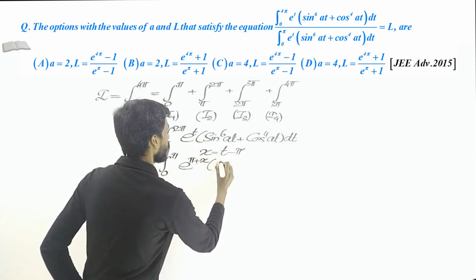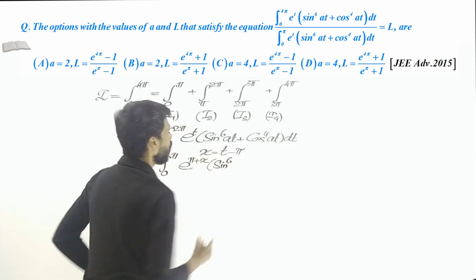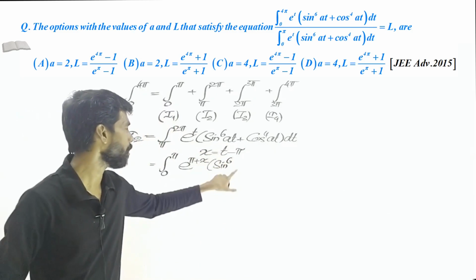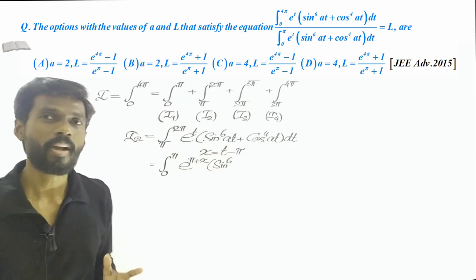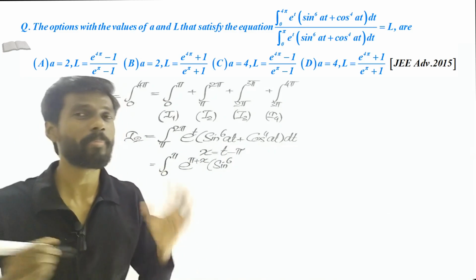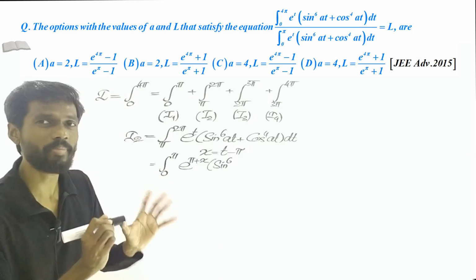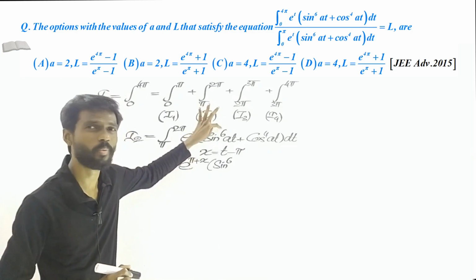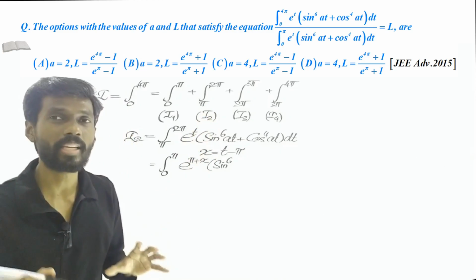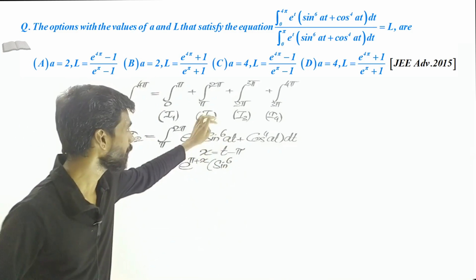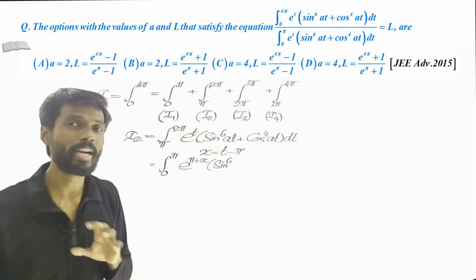And what about the sine to the power 6 term? It is sine to the power 6 of a times t, but t is pi plus x. But what is sine of pi plus x, or sine of 2 pi plus x, or sine of 3 pi plus whatever? That will give you the same value, because the power is even, so whichever quadrant it lies in, it doesn't matter. Sine of pi plus x is minus sine x actually, but the power is 6, an even power, so it doesn't matter whether it is minus or plus.